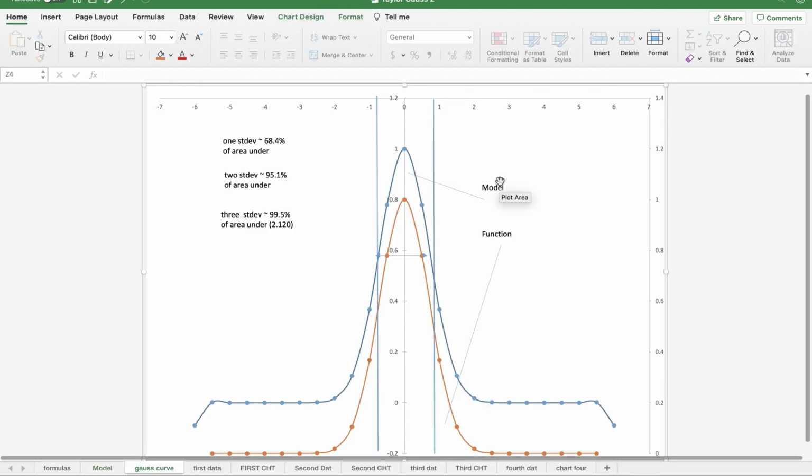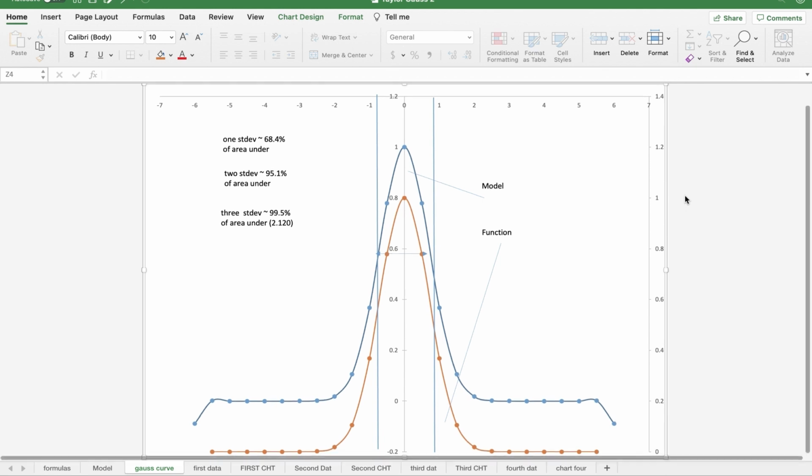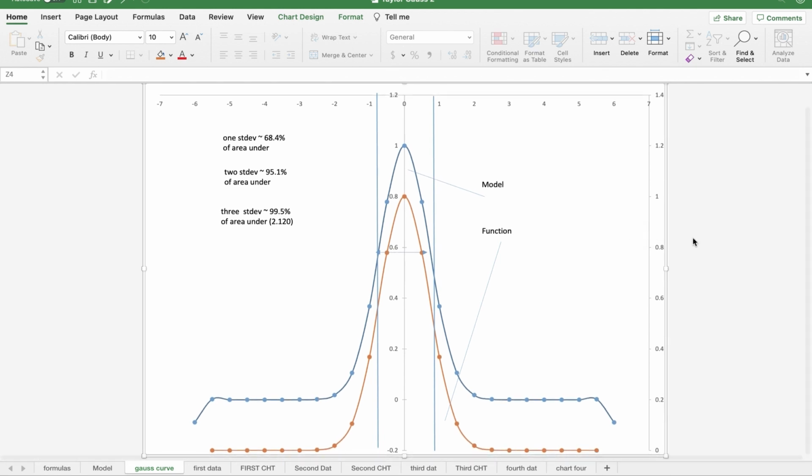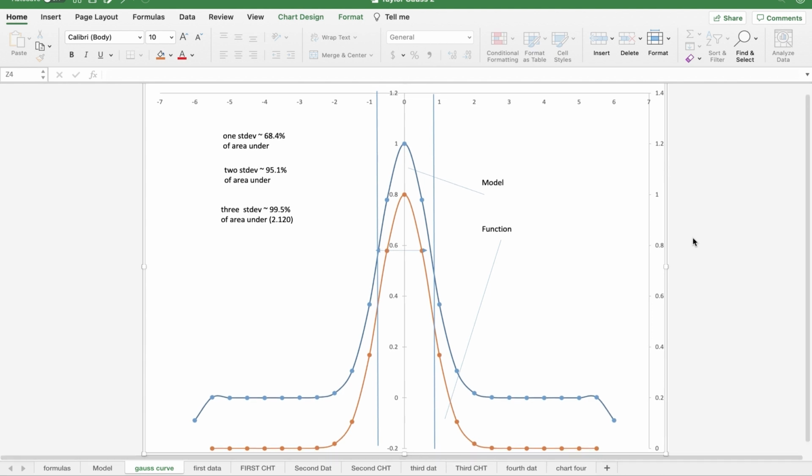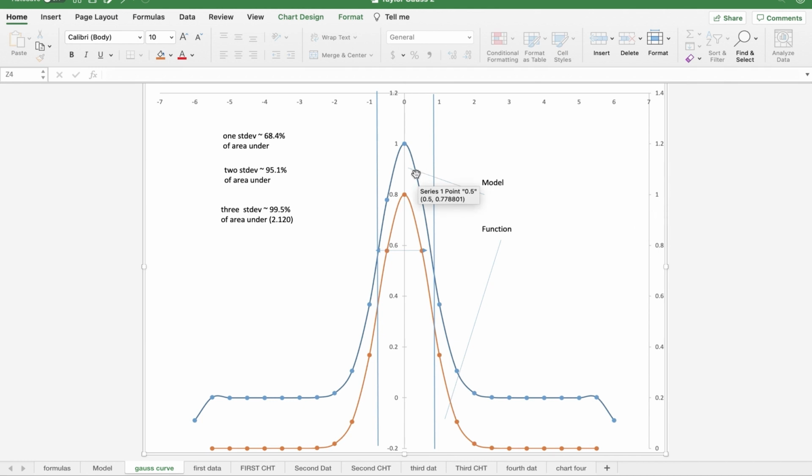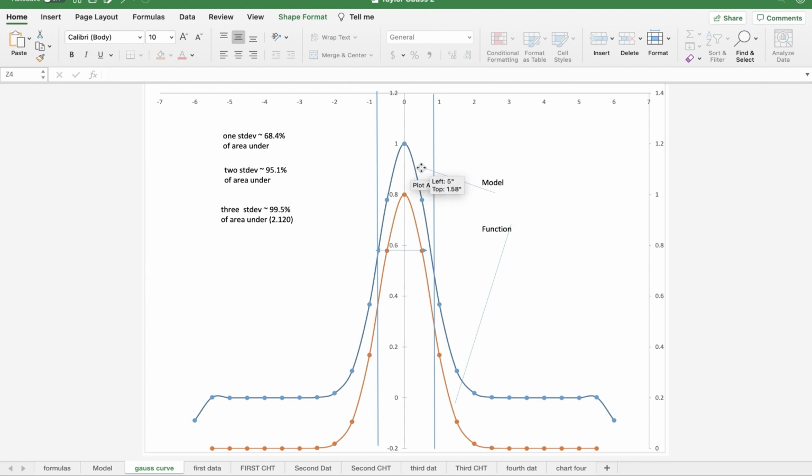Now, this is a blow up of the curve that we saw before. The blue curve is our model. The orange curve is our function, and somehow these lines got a little thrown off, but there we go.